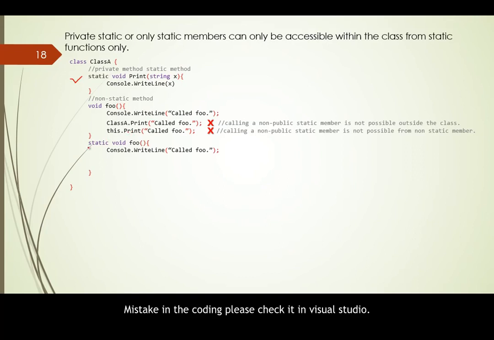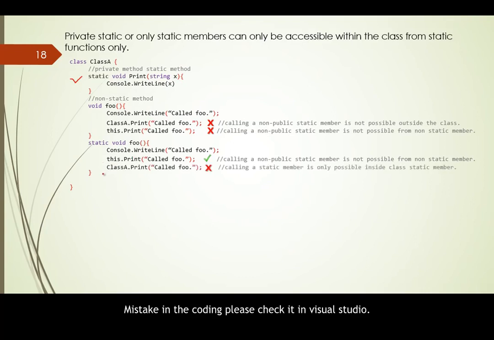Let's try it on the static method. If we do this dot print, we'll be successful, because we can call static members from static members. If we try to access it again with class A dot print, it will not succeed.